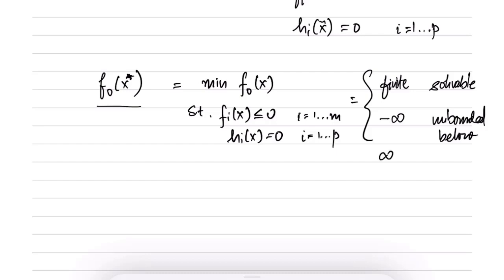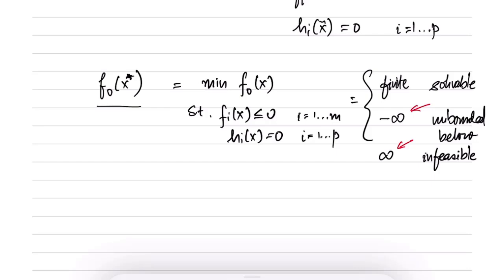And finally, we define it to be infinity if the problem is infeasible. In other words, there is no x tilde which satisfies the constraints, and therefore there is no question of finding the optimum. So these are the two additional definitions, and you will observe that these will be very useful later on when we consider duality.